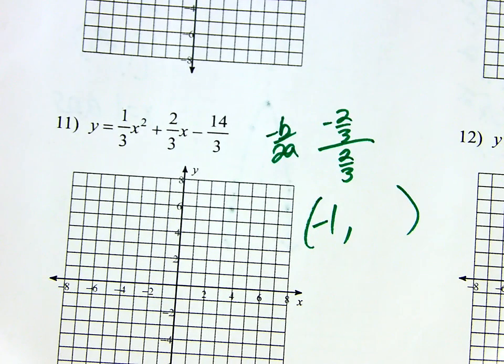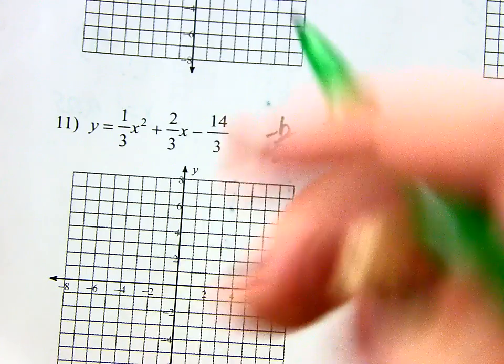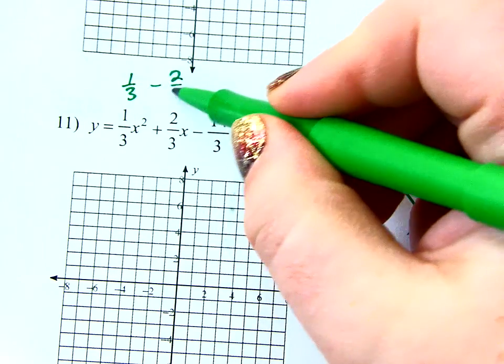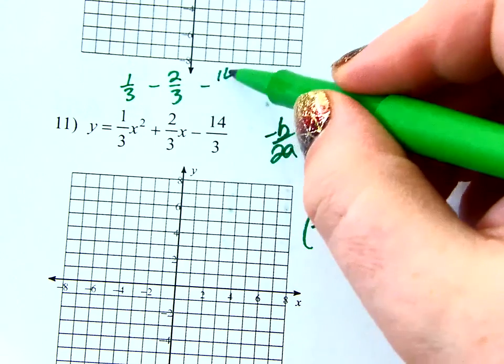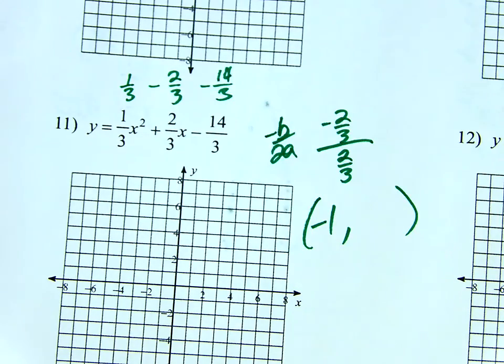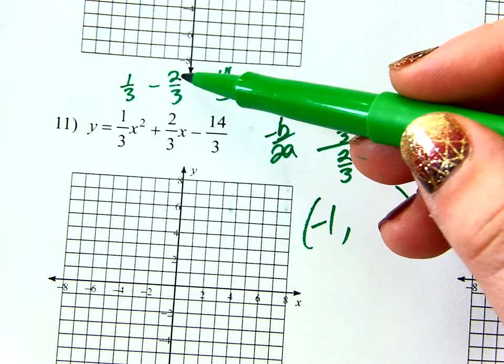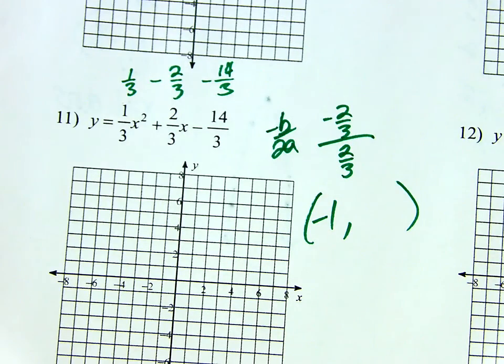So let's plug in a -1. So that would be 1/3 minus 2/3 minus 14/3. At least they gave us all common denominators. That's pretty good. So let's see, what's that? -1, -15/3. Huh? No. Because wouldn't it be -13/3?